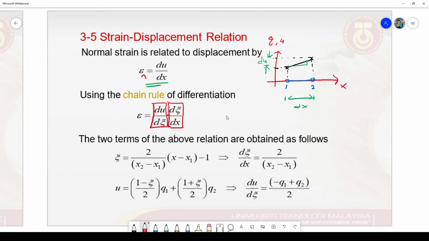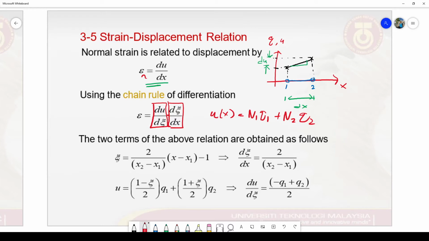So we know earlier that u of x equals N1 q1 plus N2 q2, and we also know that z, the natural coordinate system, is given by 2 over x2 minus x1 multiplied by x minus x1, minus 1.